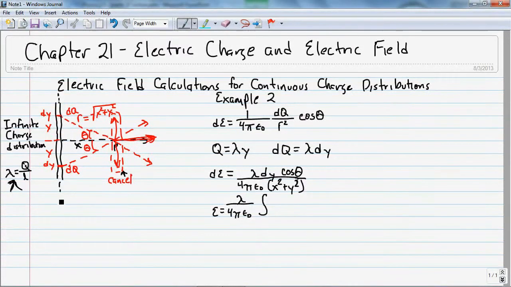Now, because this is infinite in length in both directions, I'm going to put from negative infinity to infinity. Actually, it's nicer if I write it as cosine theta dy over x squared plus y squared.